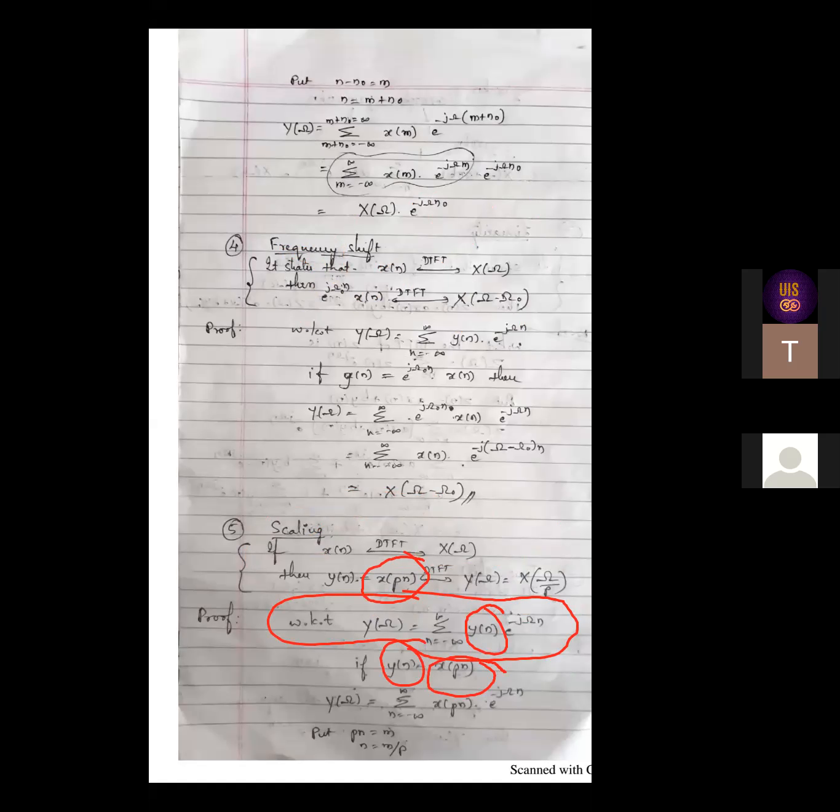So substitute that: summation x of pn e raised to minus j omega n. Then in the next step, substitute this bracket value pn equal to some variable m. As you know, this summation is for n, so I want the n value also. n will be m by p. So that I have done here, n is equal to m by p. With this basics, let us substitute.